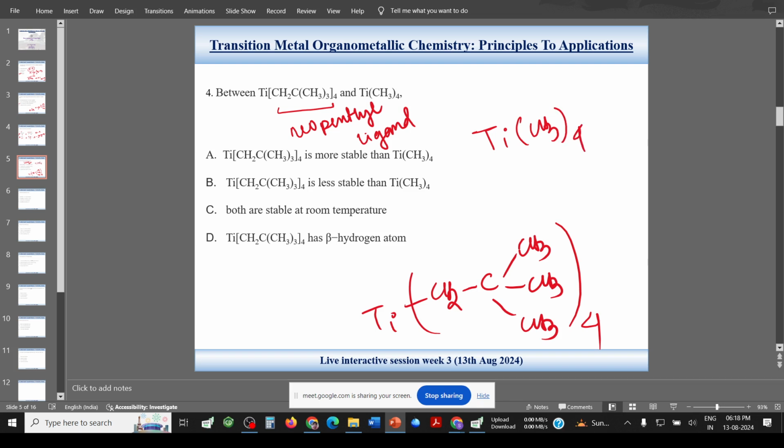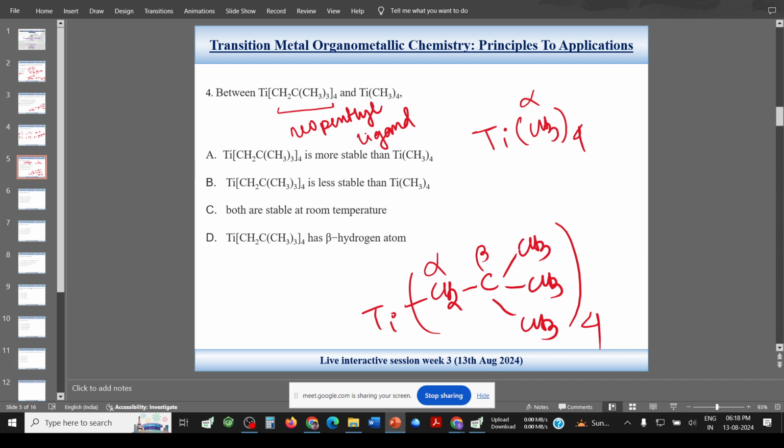So as we have seen, both of these titanium complexes don't have a beta hydrogen. Here only one hydrogen is there, this is alpha. In the other one we have alpha and beta, but the beta carbon atom does not contain any hydrogen.